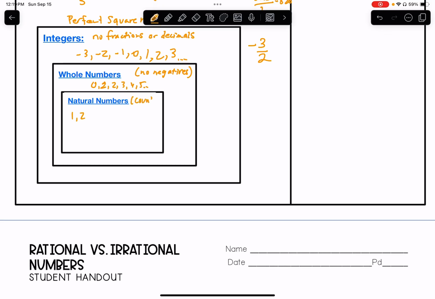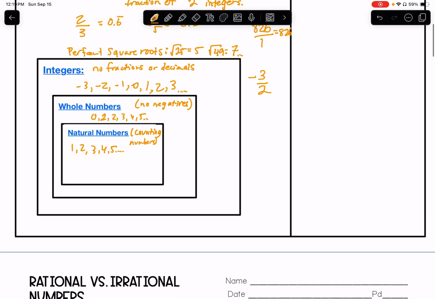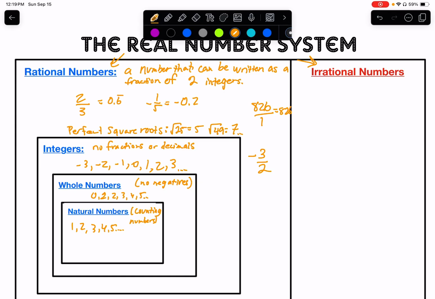So now let's talk about irrational numbers. Irrational numbers are numbers that are not rational. Kind of makes sense, right? They're the opposite of rational. They're irrational. Oops, sorry, misspelled that. An example of that is the square root of 11.